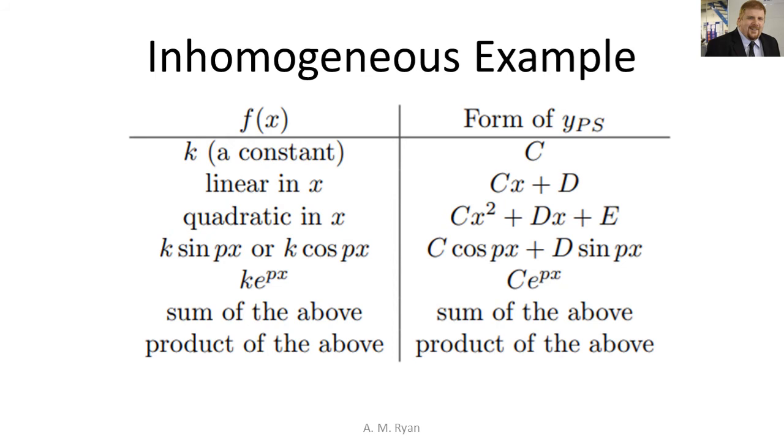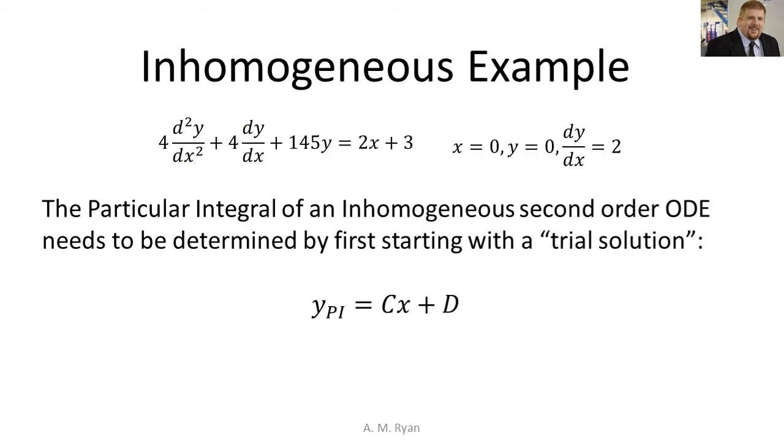So that's what we do. If it were an exponential, we'd use an exponential. If it were a quadratic, we'd use a quadratic, and so on. So here's our function, here's our boundary conditions, and we've said y is cx plus d. That's our trial solution.